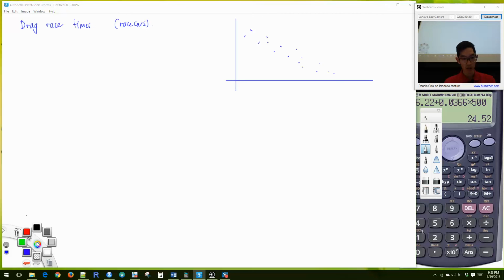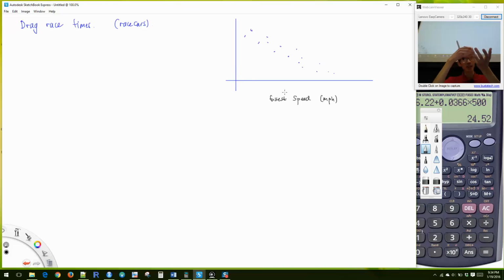Okay, and so this is the speed in miles per hour. This is the fastest speed of the car, right? So when the car starts, it starts off at 0, and then as it goes through the race, it speeds up.